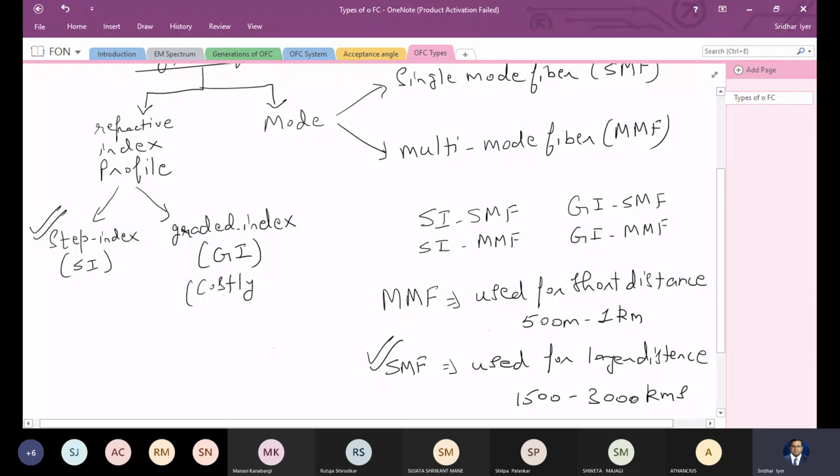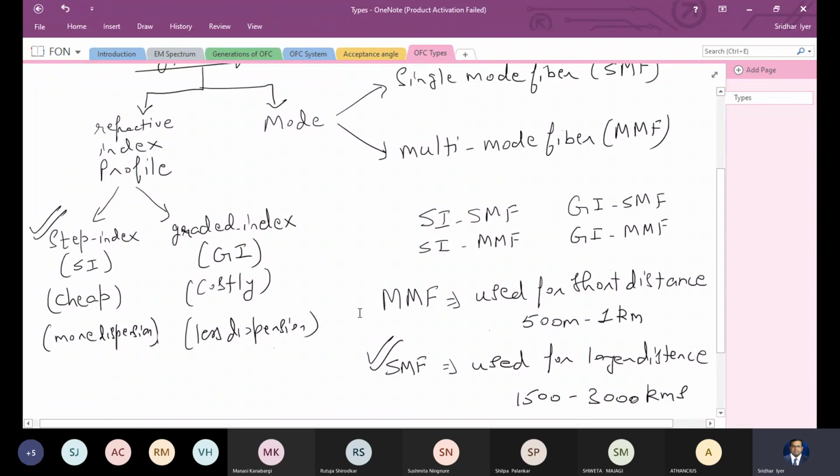These step index fibers are cheap. However, the graded index fibers give less dispersion. The step index fibers give more dispersion. Yet there are better methods to take care of the dispersion. Therefore, step index fiber is the one which is used a lot.